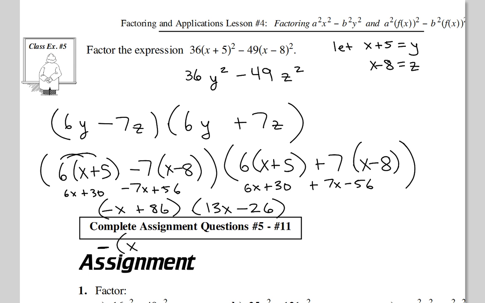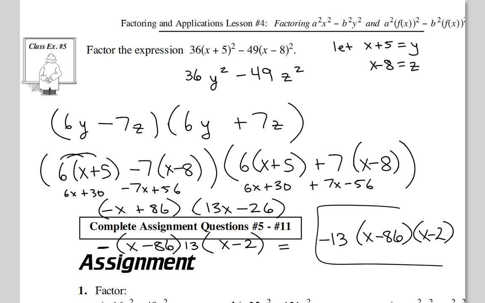I get x minus 86, because I just don't like my lead coefficients to be negative. And then I'm going to factor out a 13 on that, and I get x minus 2. Clean it up one more last time. Negative 13, x minus 86, x minus 2, and that's your final answer.